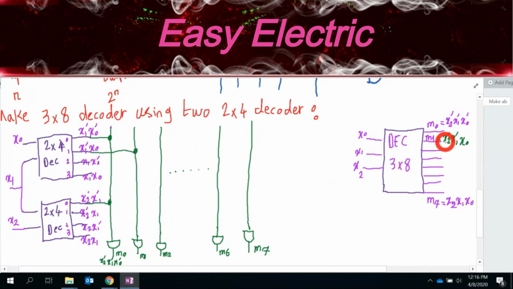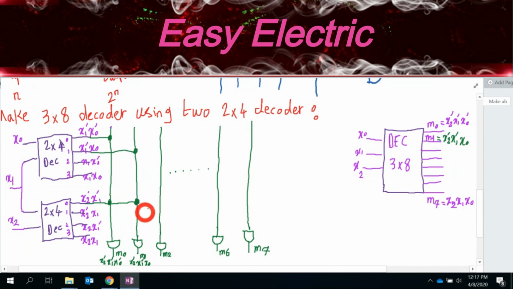What is the next one? It is X2 prime, X1 prime. So the next should again be connected to this. If you add these, X2 prime, X1 prime, X0, definitely you have X2 prime, X1 prime, X0. So I could write here what you get as an output, M1: X2 prime, X1 prime, and X0. Okay.